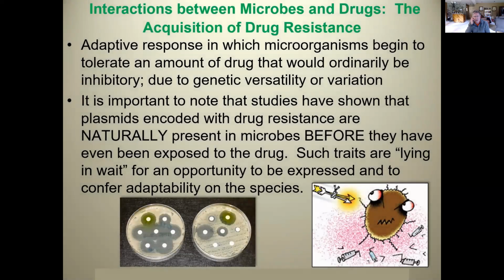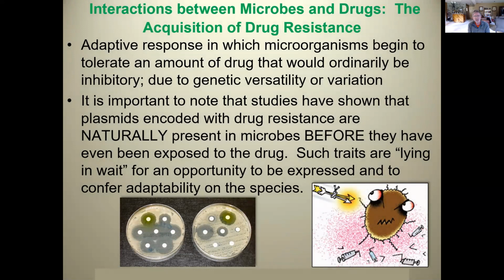Let me begin by sharing the screen as I always do, and talk about drug resistance and how that develops in bacterial populations. The one thing we need to be mindful of is that the ability of a population of bacteria to resist the action of a drug like an antibiotic stems from the fact that it has the genetic wherewithal to negate the action of the drug.